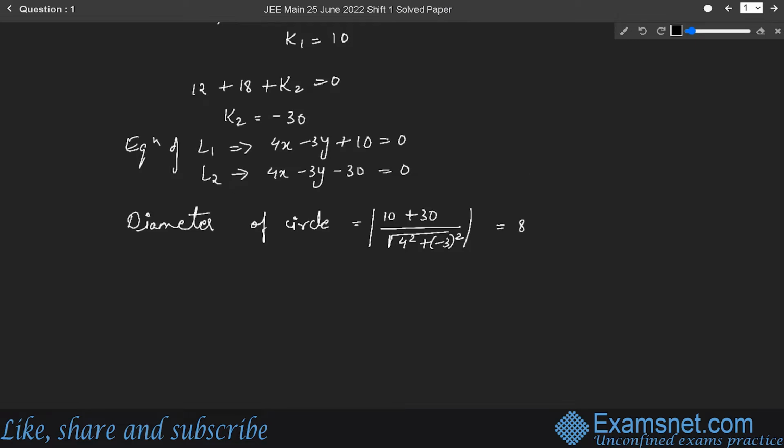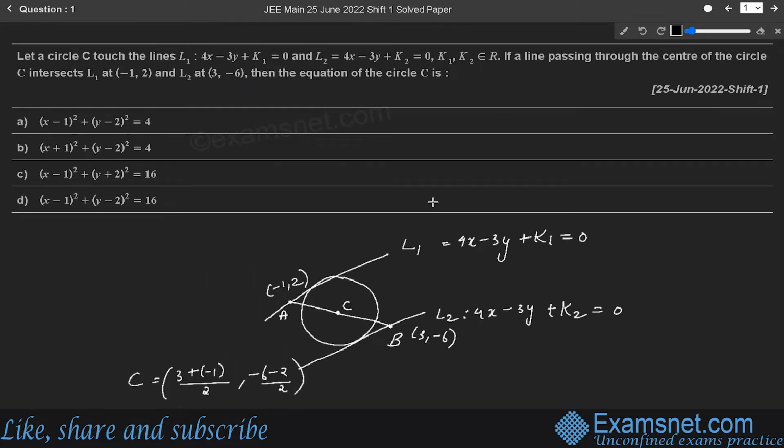Since diameter is 8, so radius will be 8 by 2, which is 4. So the equation of circle will be (x minus 1) square plus (y plus 2) square is equal to 16. Therefore, we can say that the correct option for this question is option number C here.